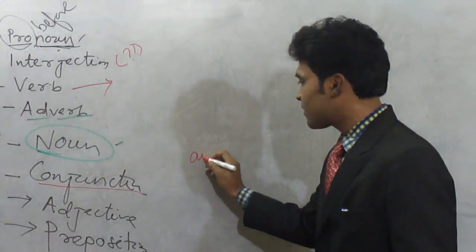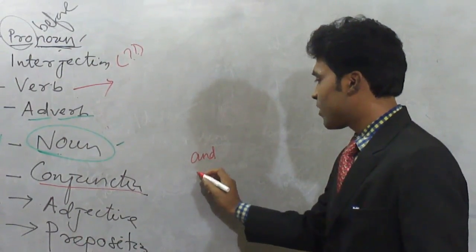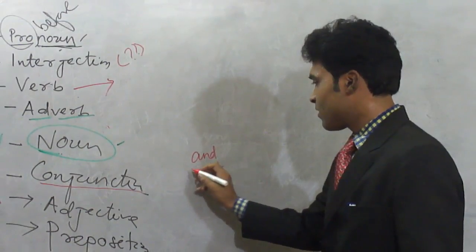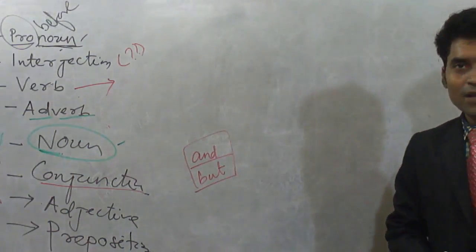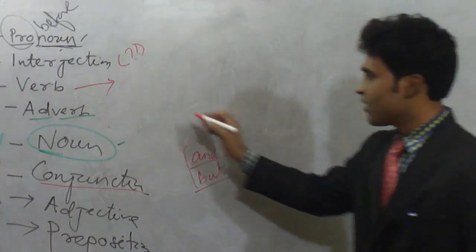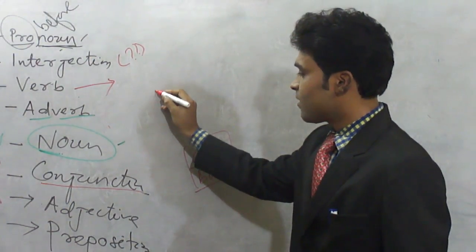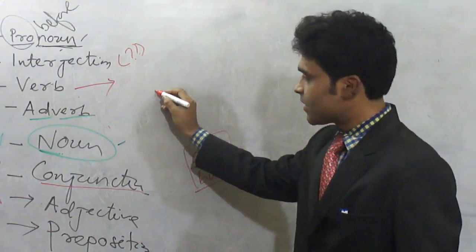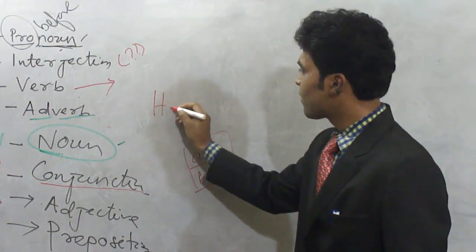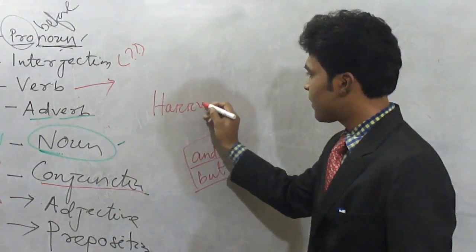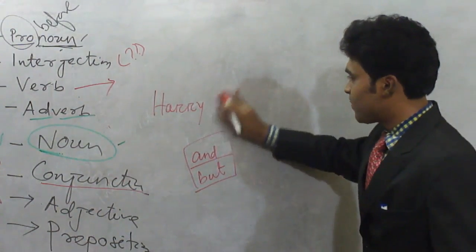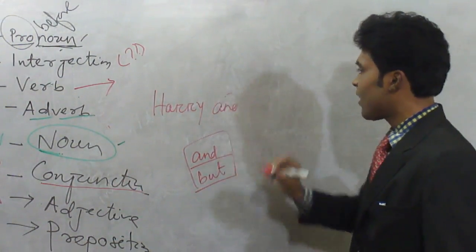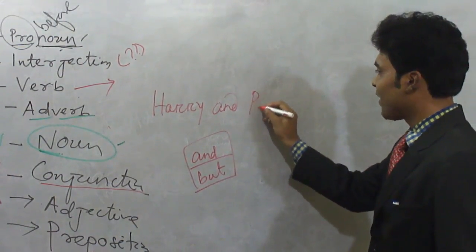That means and, or, but, all these are conjunctions. Let's have one example. Better to write like this: Harry and Pyari. Are you getting my point?